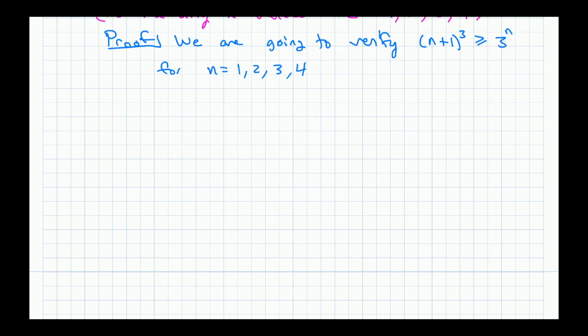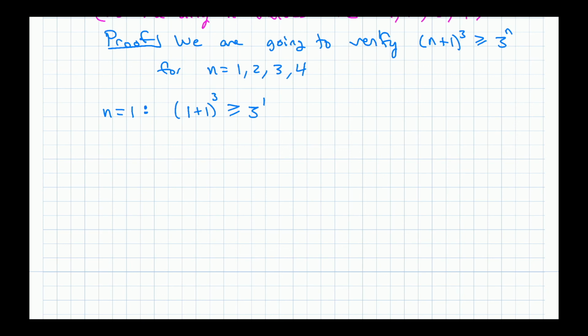You don't have to be clever about this. Typically I say what I'm going to do, which I already did, and then I just write them out. So n equals 1. That's my first case. I'm going to put n equals 1 into this equation. So we get 1 plus 1 cubed greater than or equal to 3 to the 1.